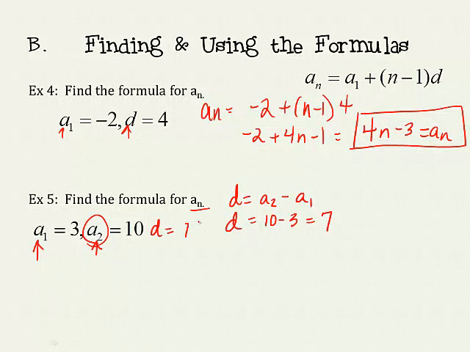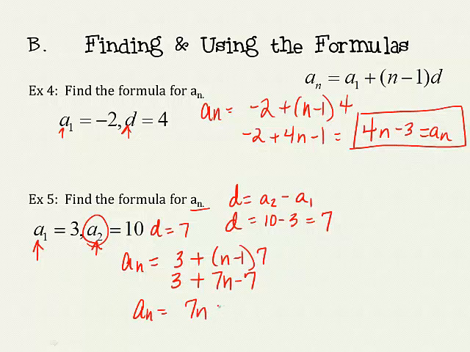Now I have everything I need to plug into the formula. a sub n equals 3 plus n minus 1 times d. Solve it out. 7n minus 7. So a sub n equals 7n, 3 minus 7 is negative 4. So there's my equation right there. So this type of problem had an added step. You had to find d first before you could plug into the formula. But that's the only thing that changed.